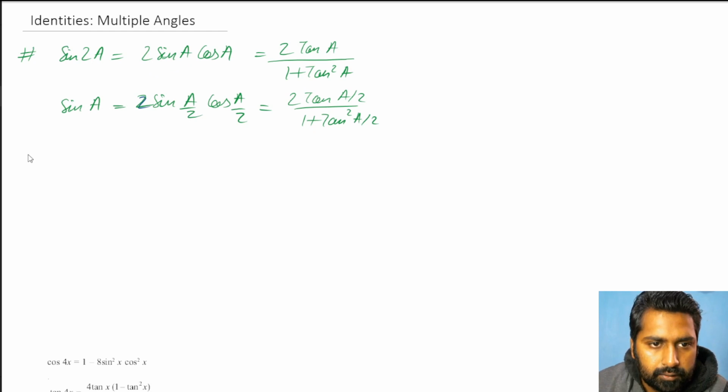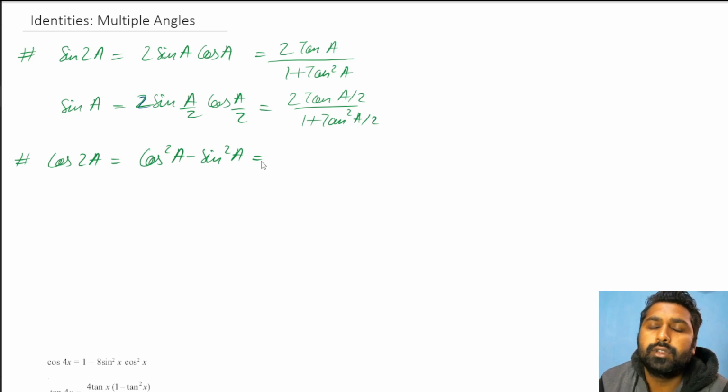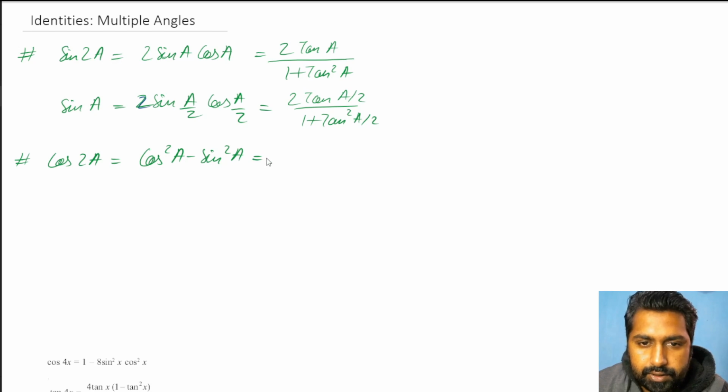Okay, next is cos 2a. There are a lot of formulas for cos 2a. Simply put, this is cos square a minus sine square a. If I use the identity sine square theta plus cos square theta is equal to 1, as we know cos square theta is 1 minus sine square theta, I can generate two more expressions, that is 2 cos square a minus 1 as well as 1 minus 2 sine square a.